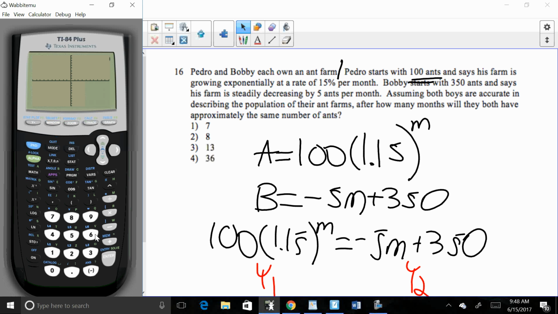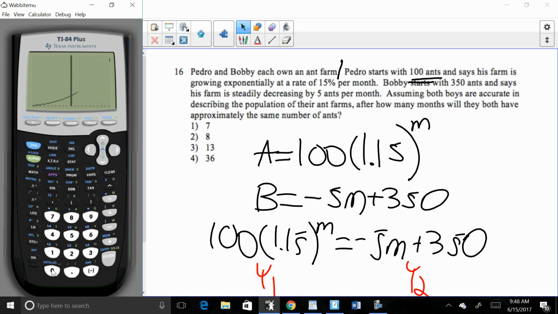And let's see what happens. It looks like nothing. So if you see nothing, Zoom Fit is a good try. That's Zoom 0. That should give you a better picture. You still might need to adjust your window, but it should at least give you something to work with.